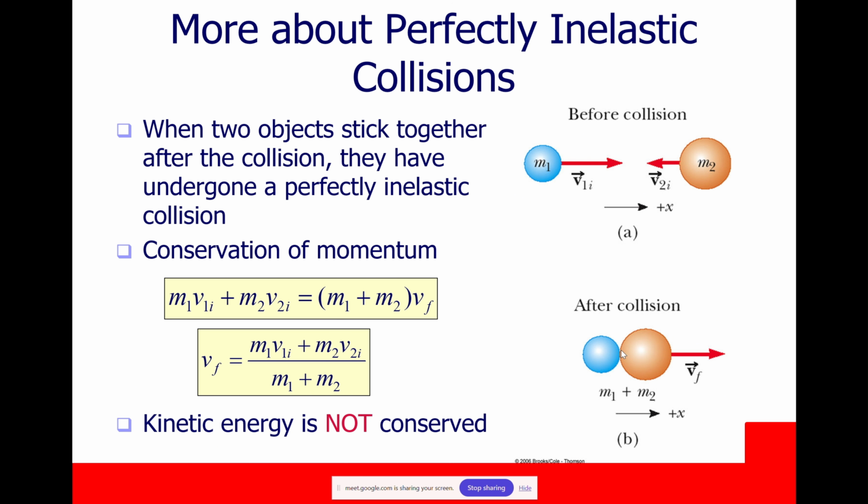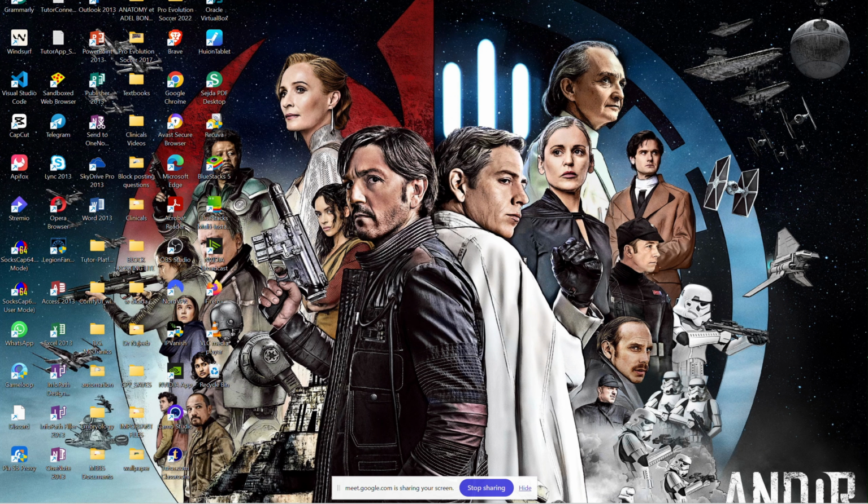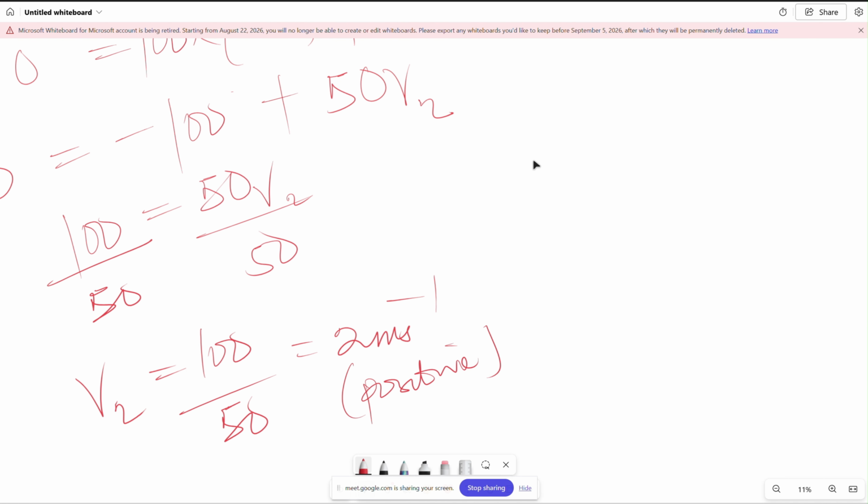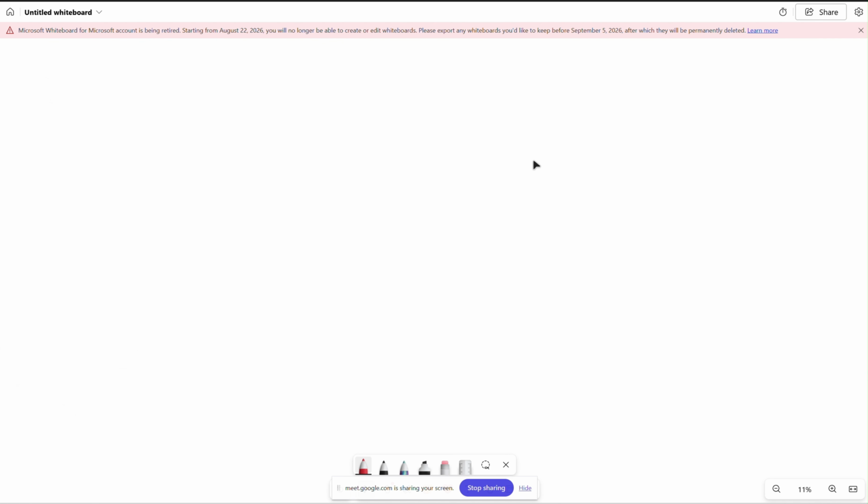The overall mass of this combination will be M1 plus M2. So you're still going to apply the principle of conservation of linear momentum. Let's quickly look at it on the board for a perfectly inelastic collision.